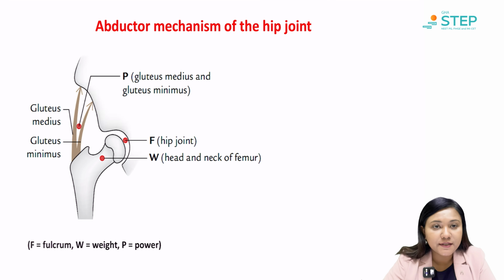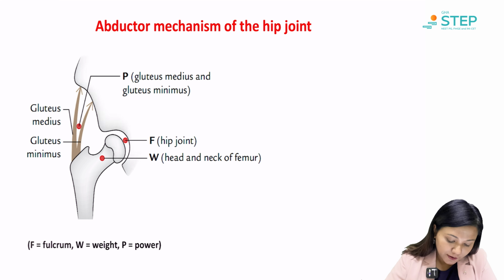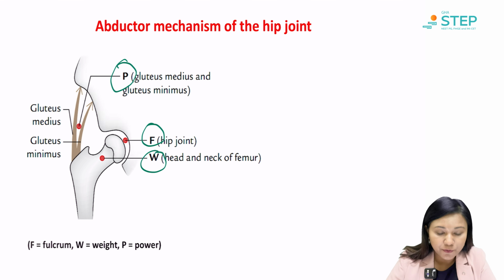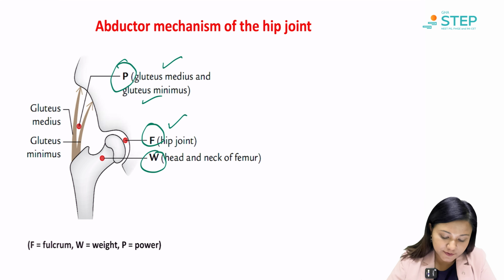Now we also have to understand the abductor mechanism of the hip joint. There are three things: one is the power, another is the weight, and the other is the fulcrum. In this case, the fulcrum is the hip joint, the power is produced by the gluteus medius and minimus, and the weight is given by the head and neck of the femur.